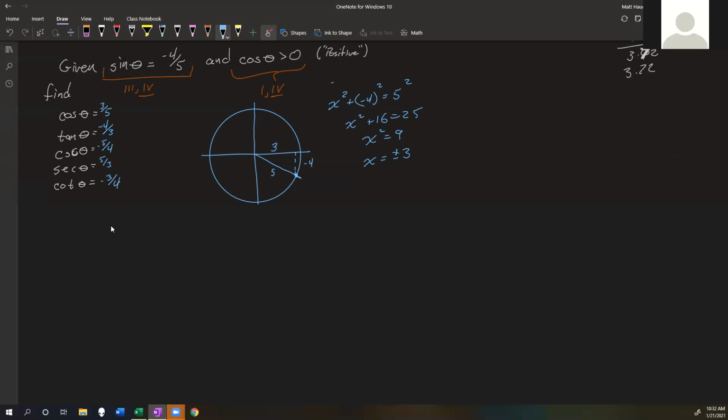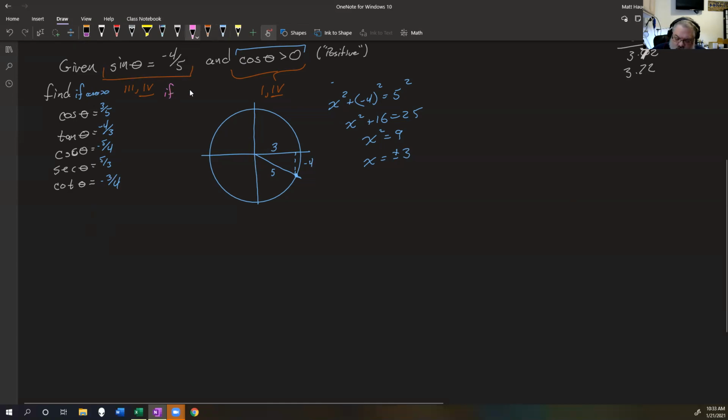So if you didn't know what quadrant it was in, would you have two answers, a positive one and a negative one? Yes. If the cosine is greater than 0, we have this answer. If the cosine was less than 0, they wouldn't all be negative.